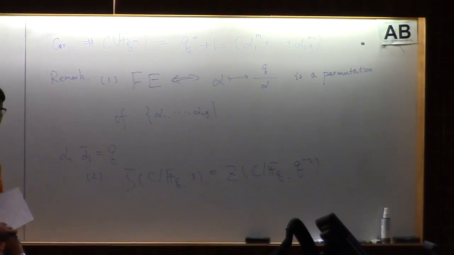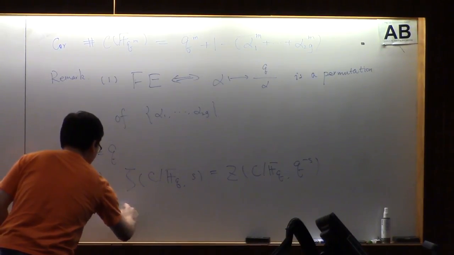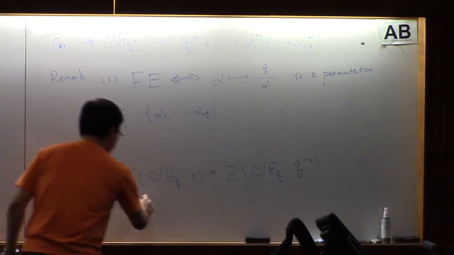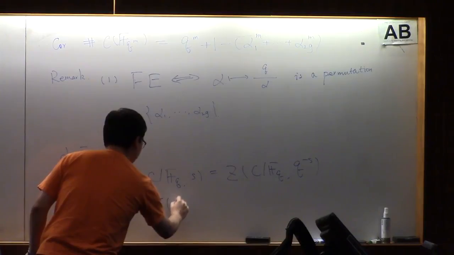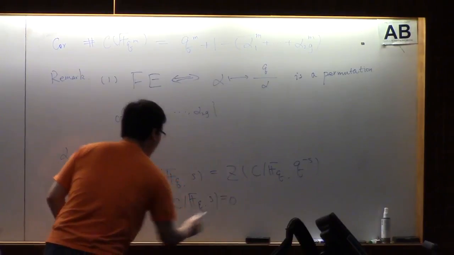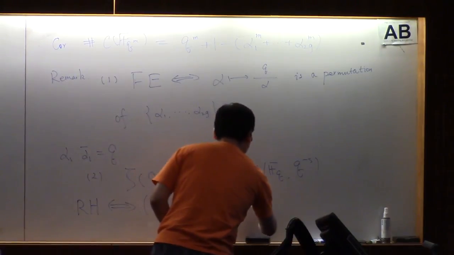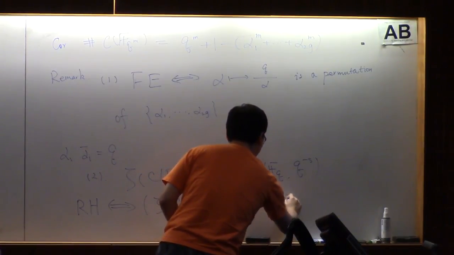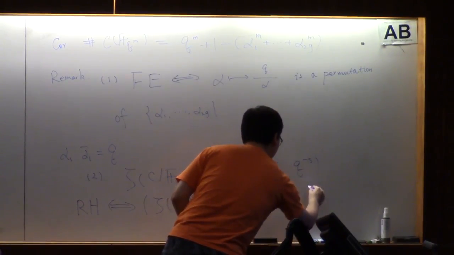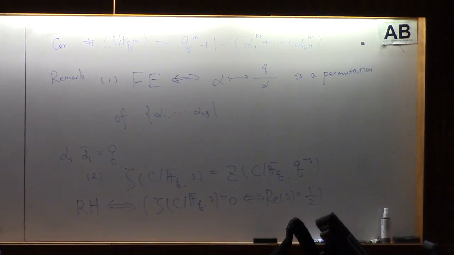Then the Riemann hypothesis is equivalent to saying that all the zeros of this zeta function should have real part 1/2. Okay?